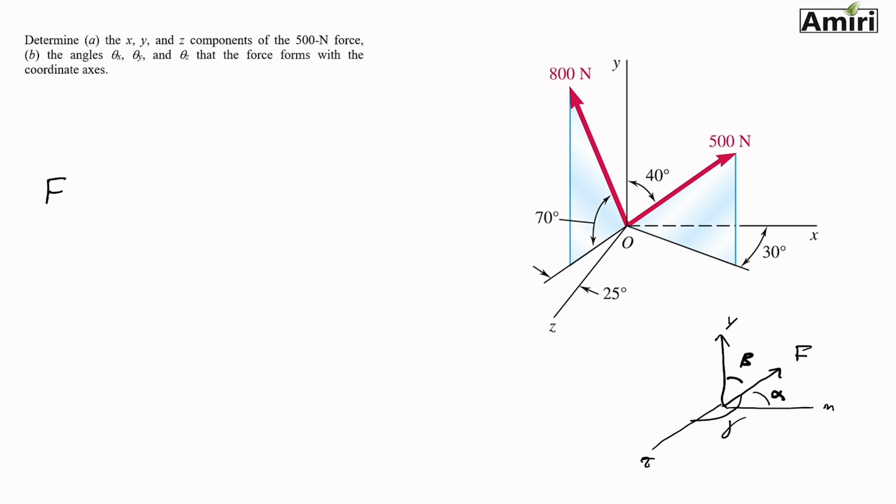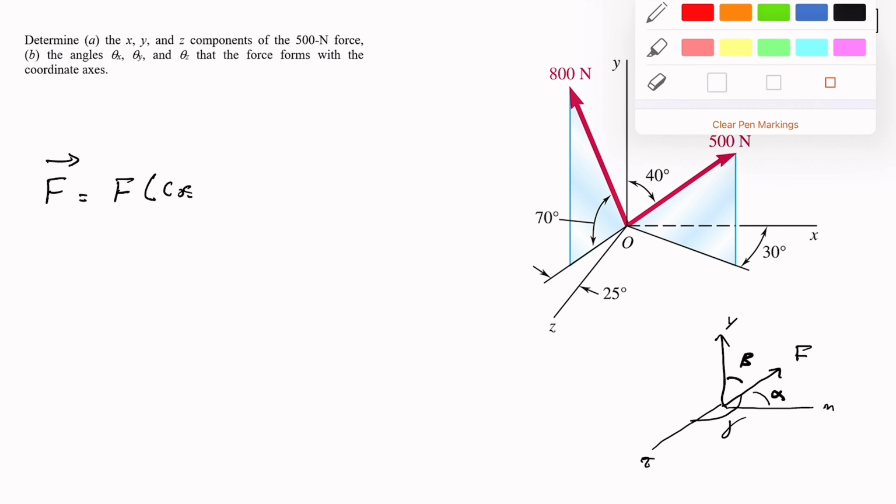You can write a vector as magnitude of F cosine alpha i, cosine beta j, cosine gamma k. Sorry, I'm using alpha, beta, so let's just use that.